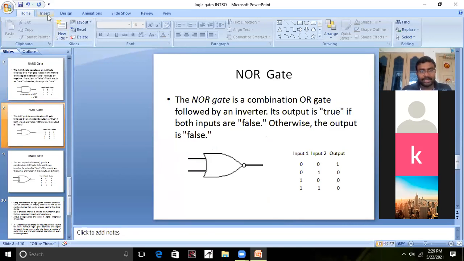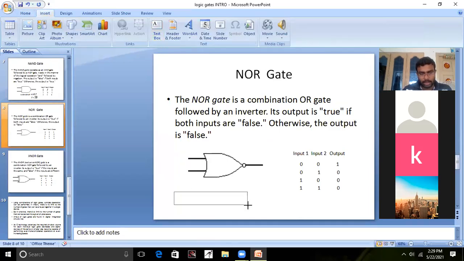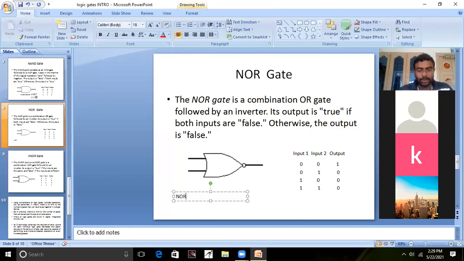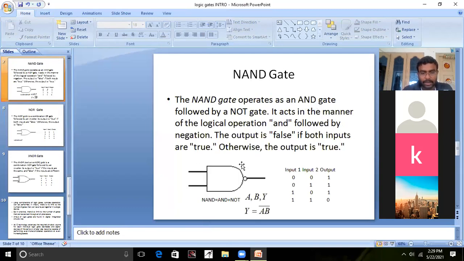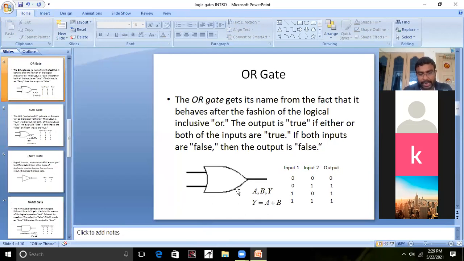NOR gate. Okay, guys, here also the same kind of explanation should be given. NOR is equal to OR plus NOT. Check the symbol here, guys. I'm showing you the symbol of the OR gate.